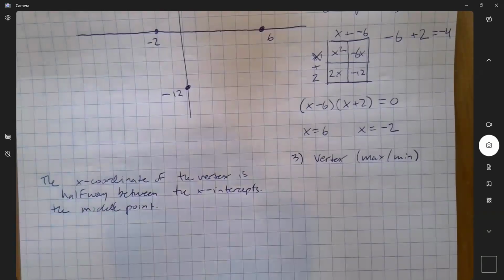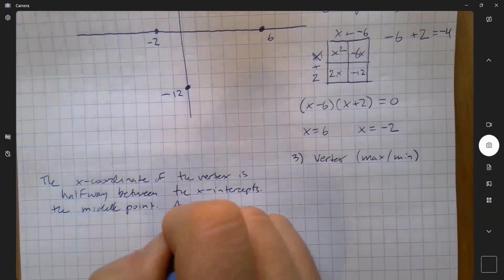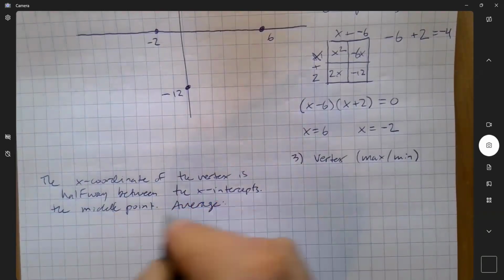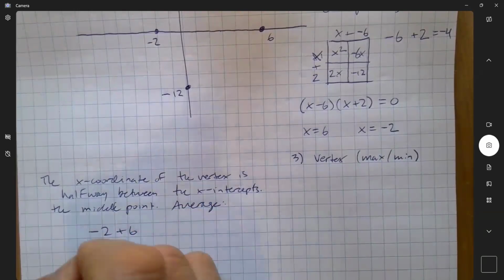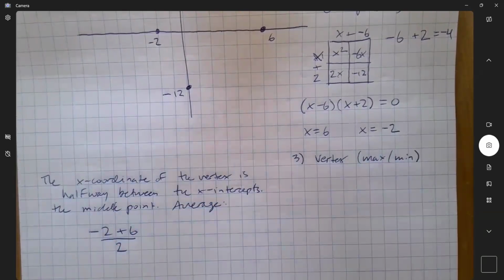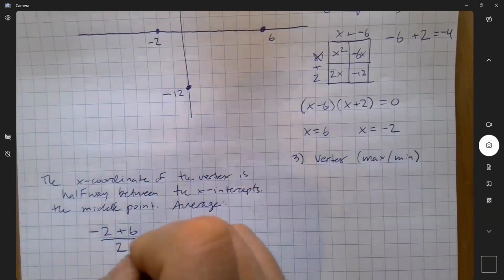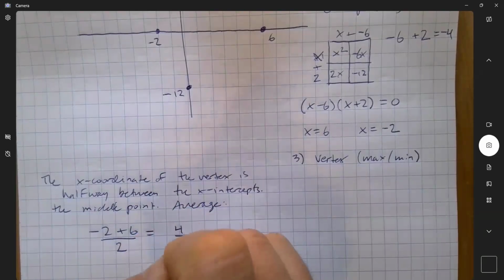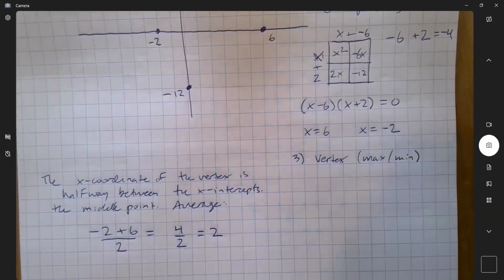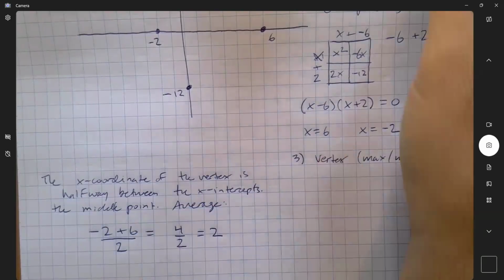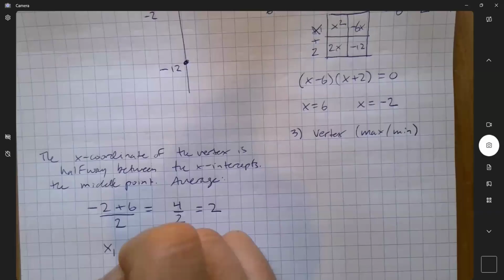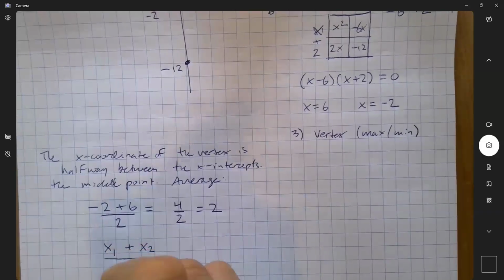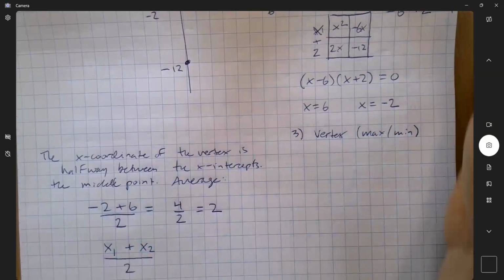And how do you find a middle point? How do you find an average? You take the two x-intercepts, -2 and 6, you add them up, and you divide by 2. That's 4/2, which is 2. So you take x-intercept number 1, add x-intercept number 2, and divide by 2.